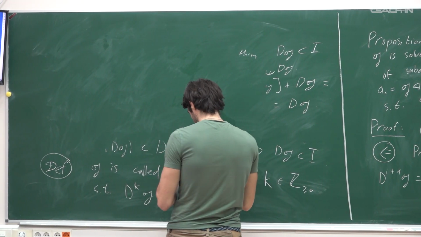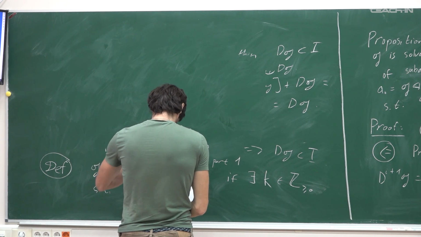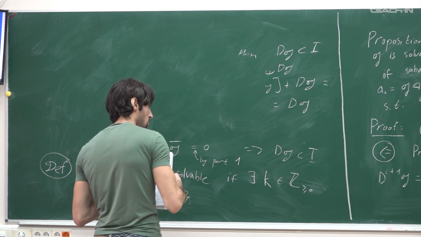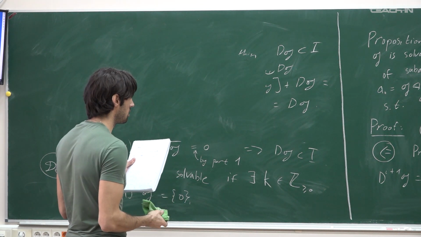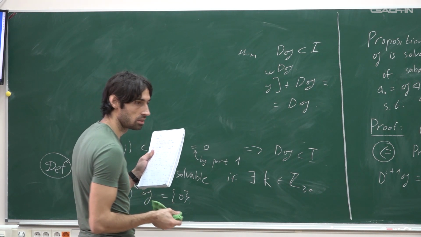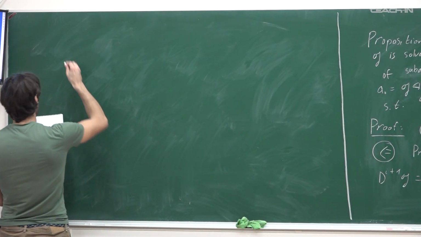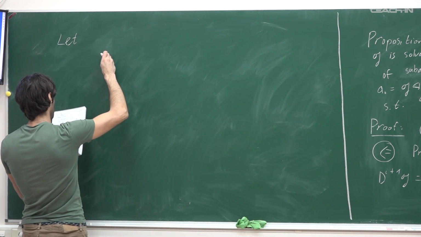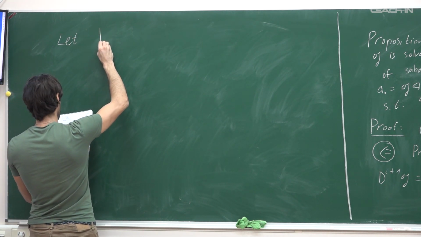So my next goal is to give you a standard example of a solvable Lie algebra. Let me fix some vector space.